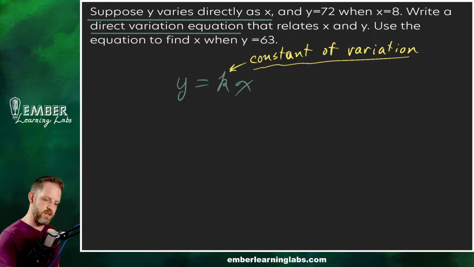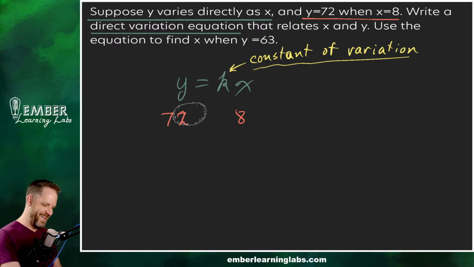So we're going to plug in 72 and we're going to plug in 8, because it says that y is 72 when x is 8. So 72 equals k, some sort of constant, times 8.